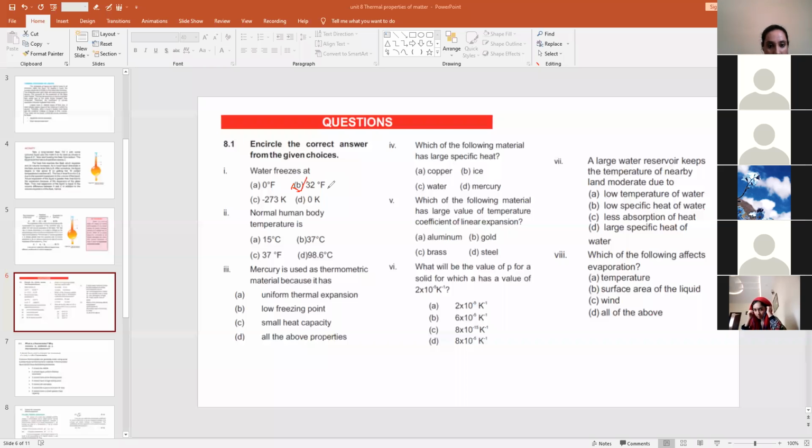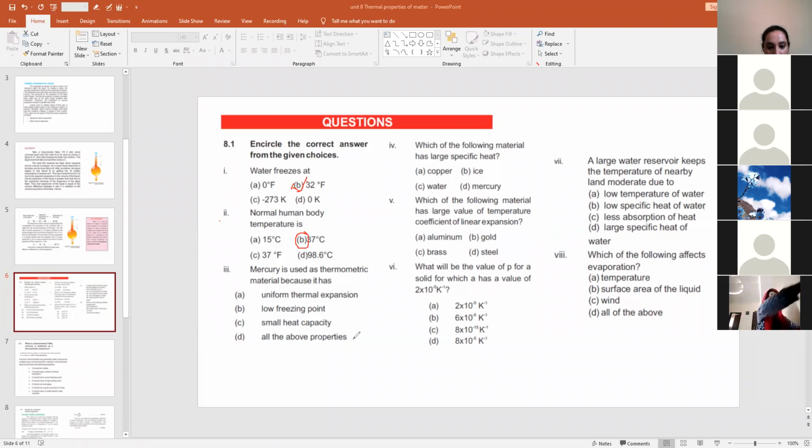32 degree Fahrenheit. Second, normal human body temperature is 37 degree centigrade. Mercury is used as thermometric material because it has uniform thermal expansion, low freezing point, small heat capacity, all the above properties.